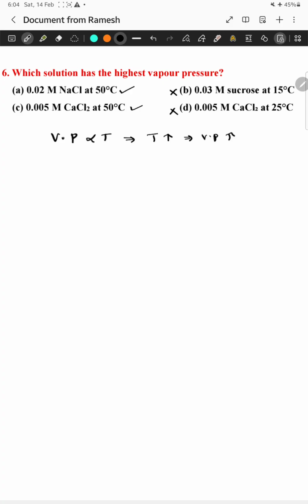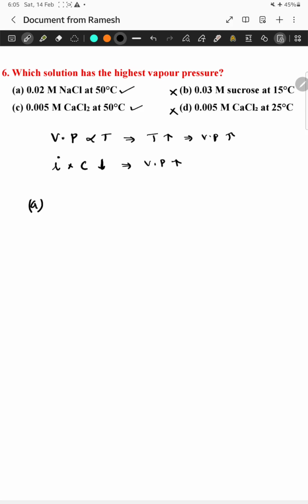Now in options A and C, the temperature is the same, 50 degrees. So then we have to use one more concept: if the product of the Van't Hoff factor, that is i, into C, the concentration, is less, that means if the concentration of solute is less, then the vapor pressure of that liquid will be more. So we have to calculate i into C in options A and C. Coming to option A, NaCl is given.